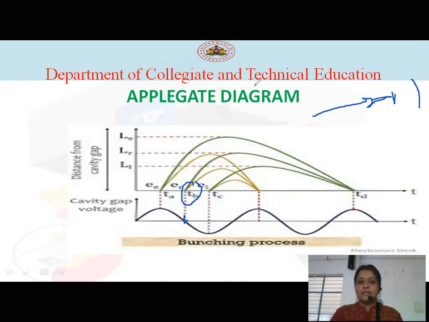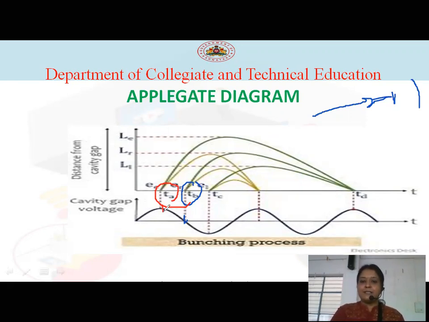Okay. Now consider one more electron, that is A. Electron A is coming earlier than B. Before B, electron A is coming. But when it is coming, the noise signal is positive. Noise signal positive means what will happen? It is accelerated.